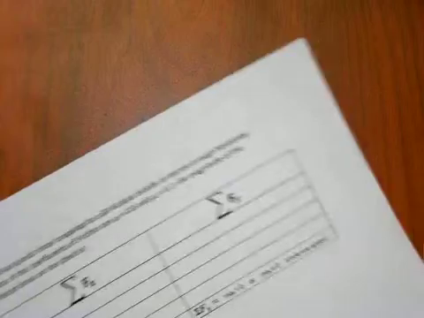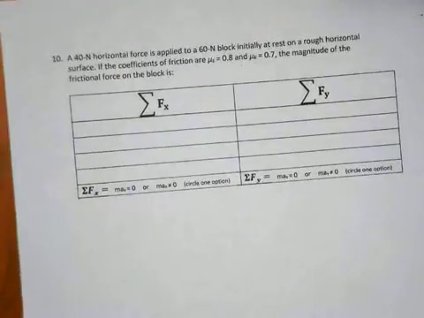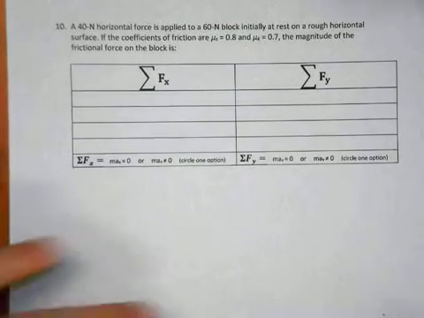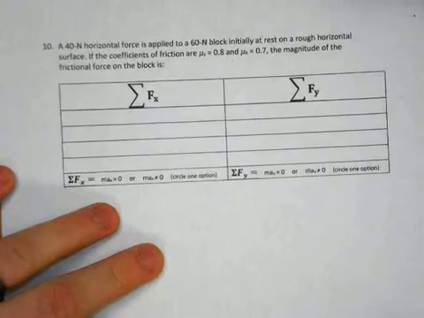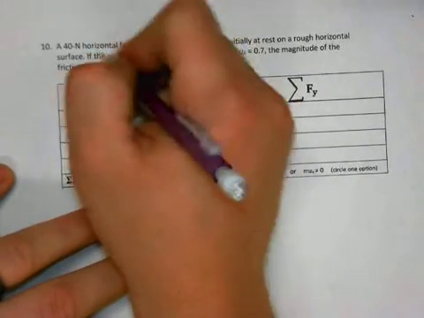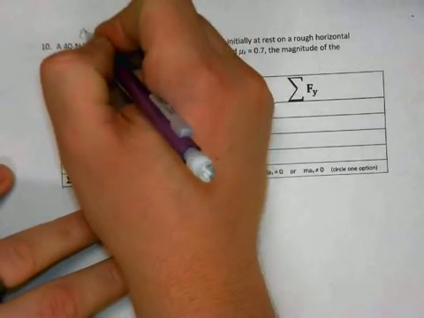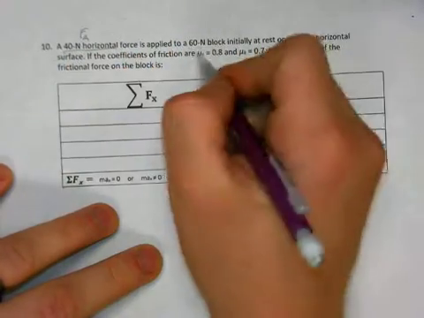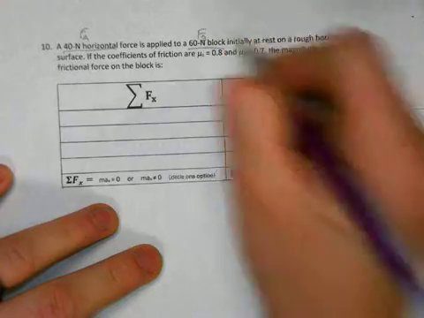Right, we've got one more problem to go. Hope that the recorder does not flip out on me and stop before I can finish this. We have a 40 Newton horizontal force. That's force applied. We have a 60 Newton block. That's Fg.